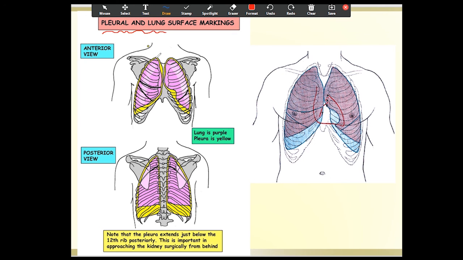Normally they are pretty much the same, because there is negative air pressure in the pleural cavity. In some abnormal conditions, there may be some difference, but normally they will be the same. So I'll put a yellow color here for the pleural cavity.